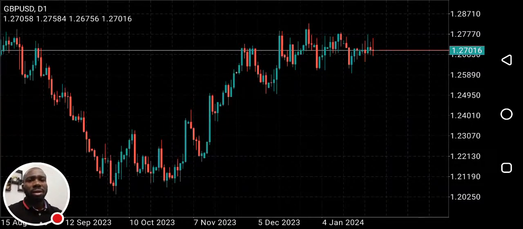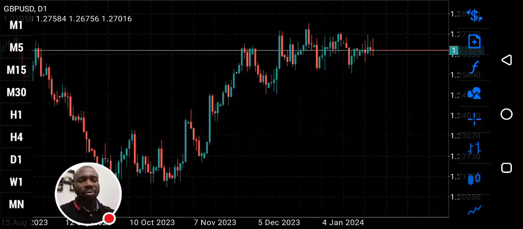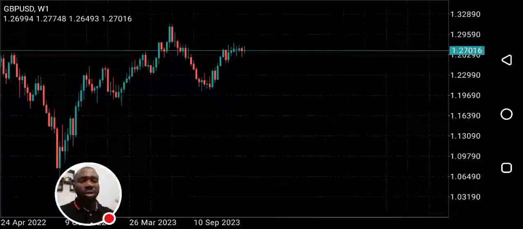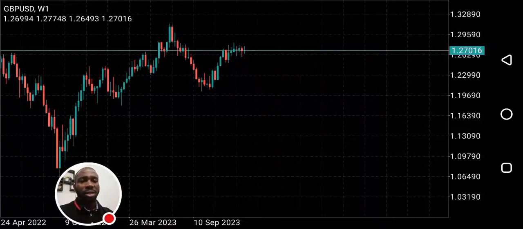As you know, we need to start with the weekly time frame because the weekly candle just closed. So we use price action for last week to predict what is likely going to happen this new week.